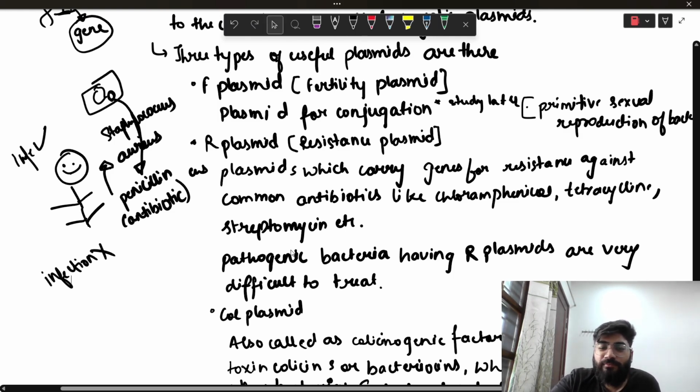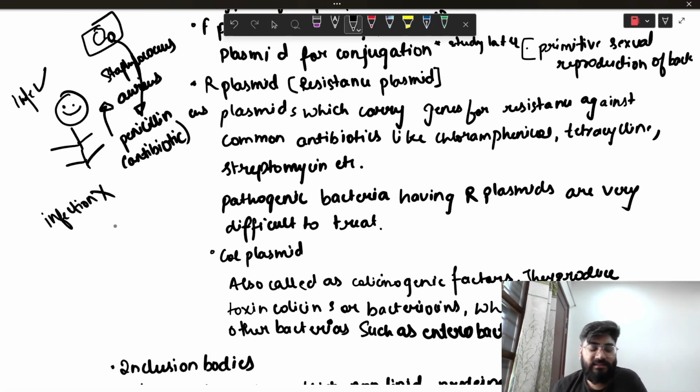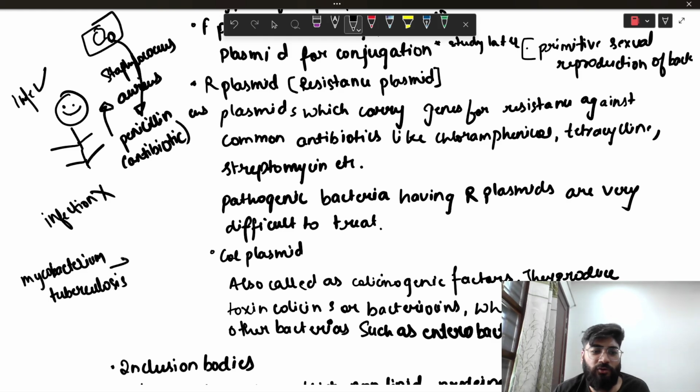The person will have that infection carried on. So these kinds of pathogenic bacteria that have R plasmid are very difficult to treat. I'll give you another example that I have seen in the hospital earlier. One of the bacteria, Mycobacterium tuberculosis, causes the tuberculosis infection that we call TB in a lot of places. One of the drugs to treat tuberculosis is rifampicin.